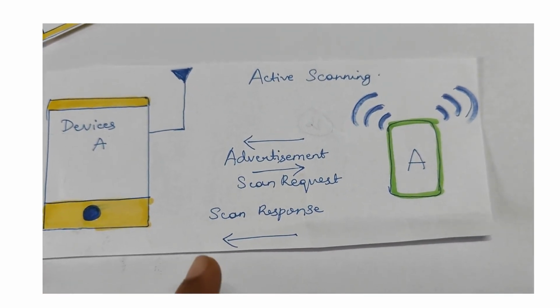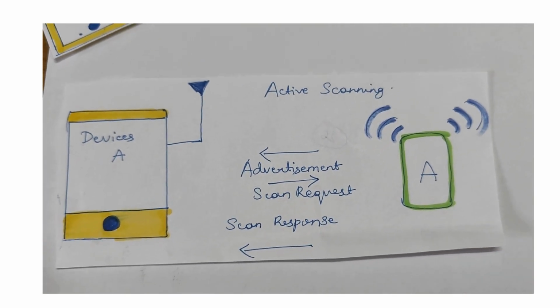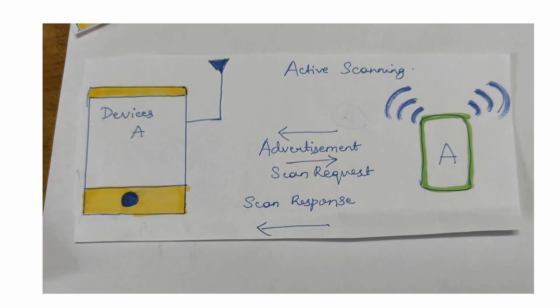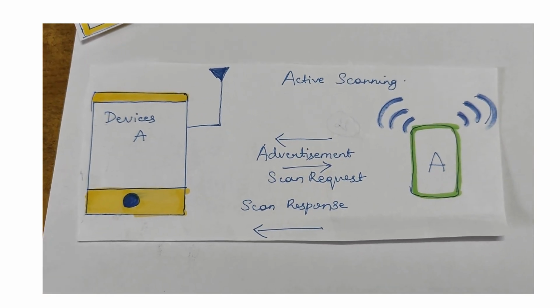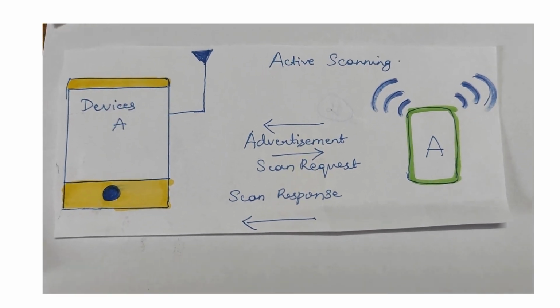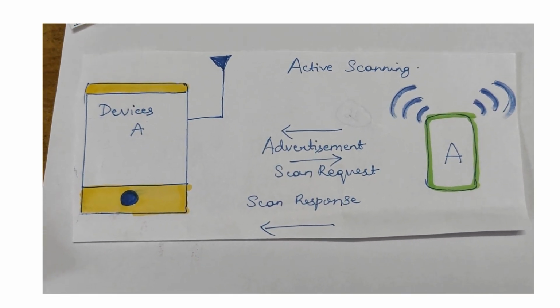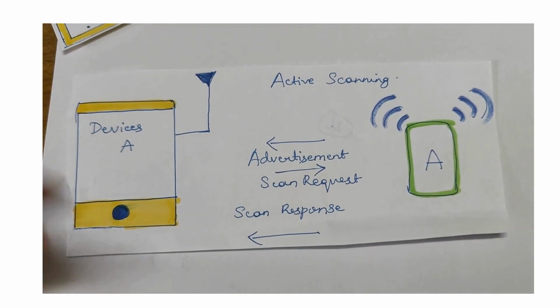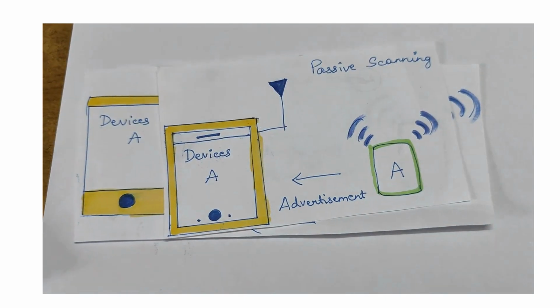This scan request is again received by the advertiser and it provides a scan response, which is nothing but an acknowledgement. So the advertiser will send twice the amount of payload to the scanner, and the scanner cannot send any user data. So this was the difference between active scanning and passive scanning.